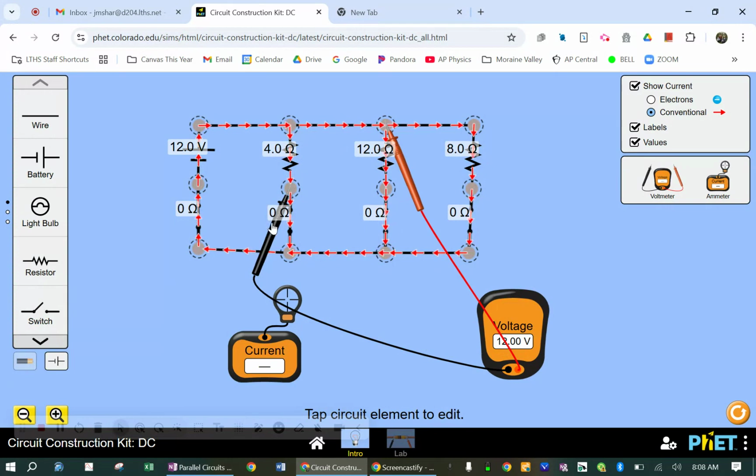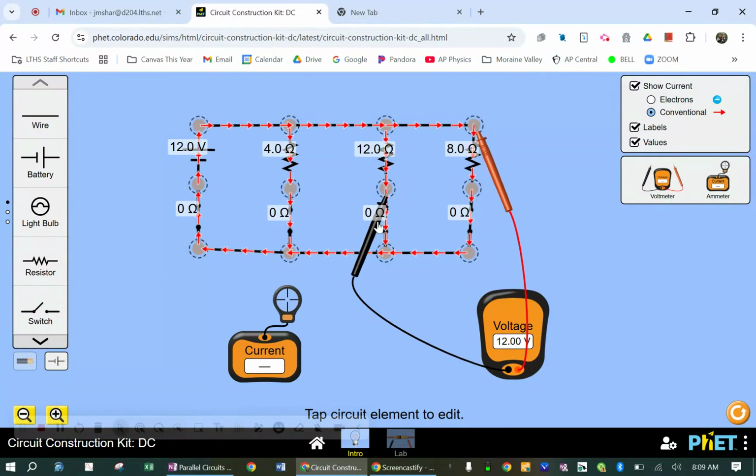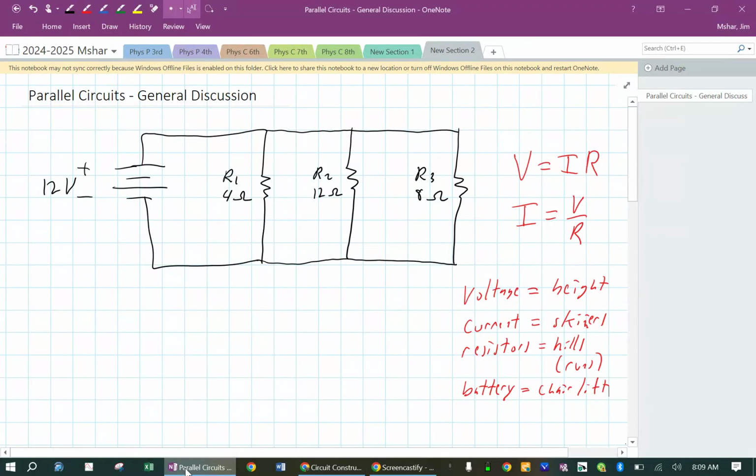In other words, voltage is the same for all the resistors that are in parallel to each other. If you think of this as skiers, if the chairlift lifts you up 12 feet, no matter which run you go down, you're going to fall 12 feet to get back to the bottom of the chairlift. So for parallel circuits, V is the same everywhere, for everything that's parallel to each other.